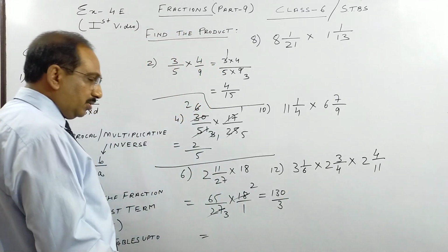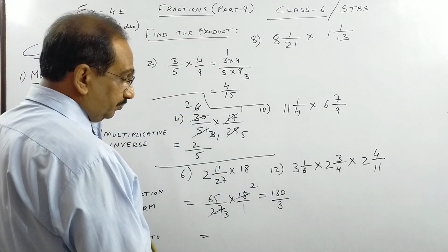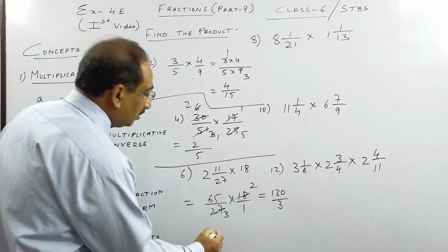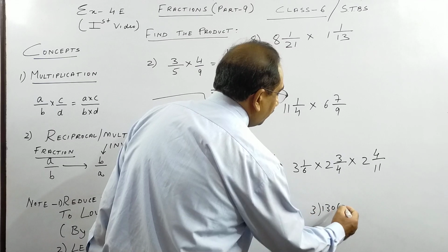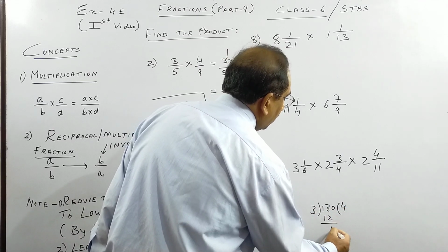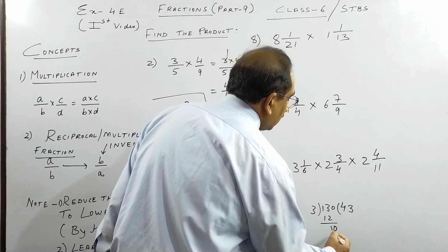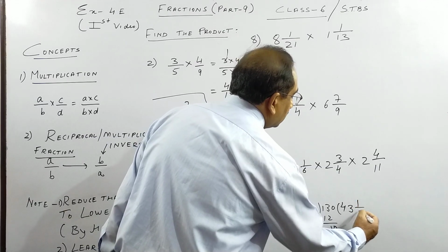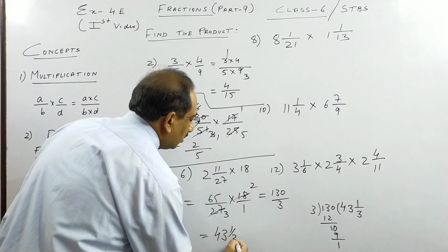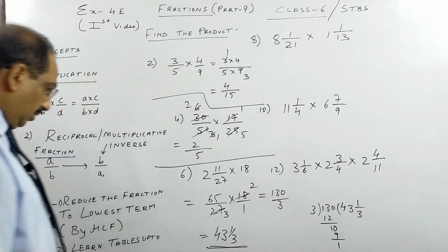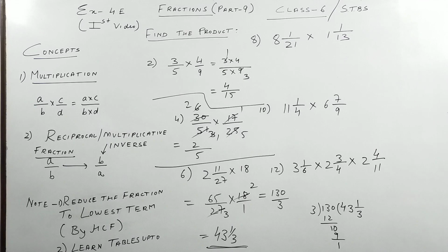If you change it into a mixed fraction, 130 divided by 3: 3 fours are 12, 1 will come, 0, 3 threes are 9, so 43 1 by 3. So this is 43 1 by 3. Please, you can pause the video and copy. Then we will go to question number 8.